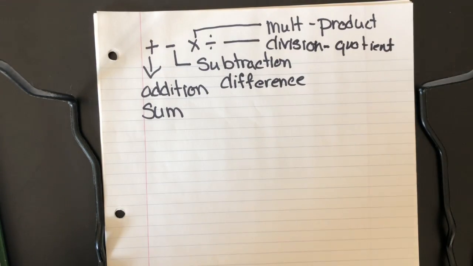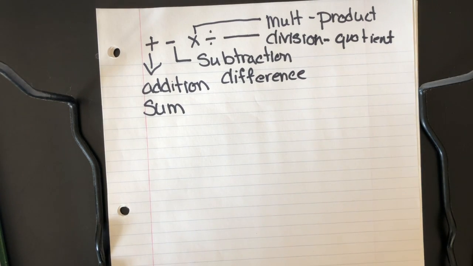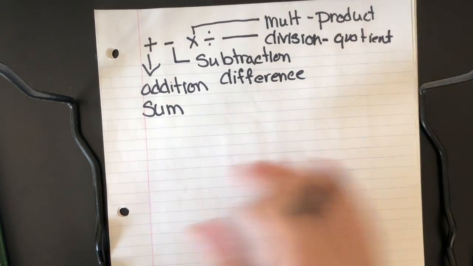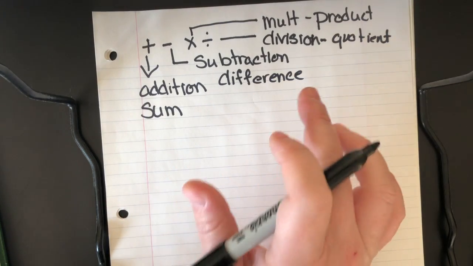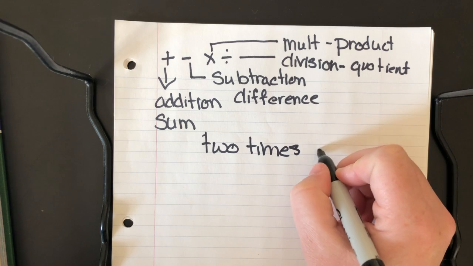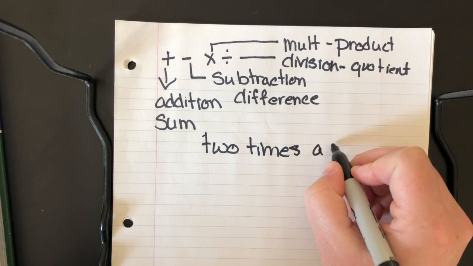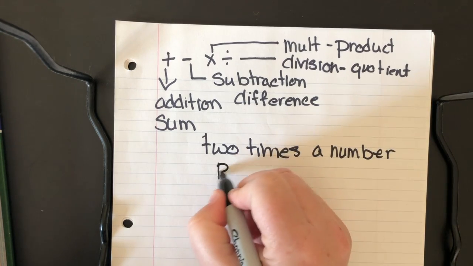When working with word problems, especially in algebra, and they're wanting you to write an algebraic expression, these are some things that you definitely need to know. 2 times a number plus 5.